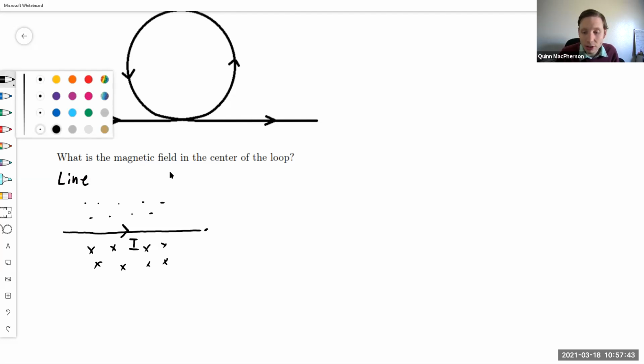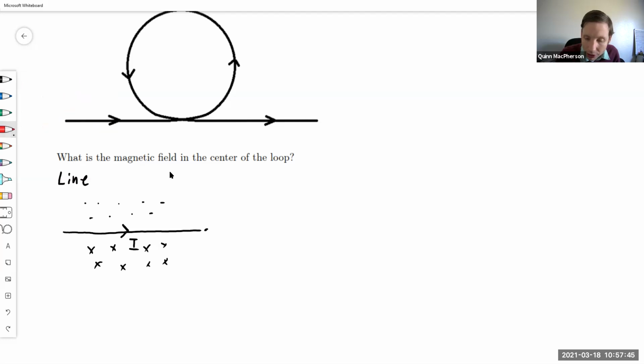The radius of the circle is capital R. R is also the distance from the line to the center of the loop. So I'm going to try to find the magnetic field a distance R from a line of current.